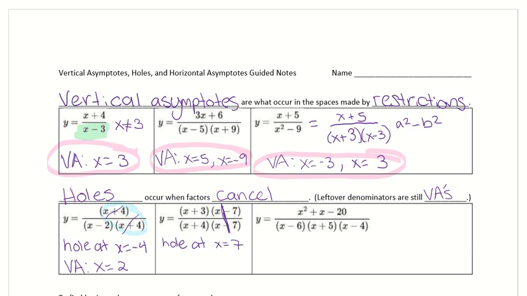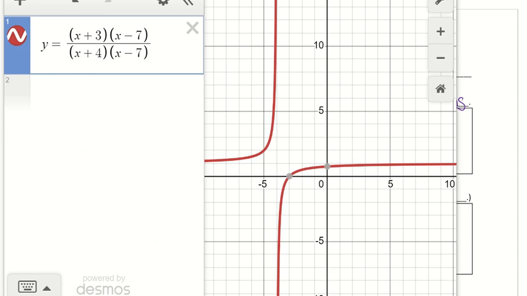And then anything left over, we still have a vertical asymptote. So we'll have a vertical asymptote at x equals negative 4. And if we look at the graph of this, we can see, yep, there's that imaginary guideline at negative 4. But also, if we click on 7, there's that hole. It says undefined there because there's a little teeny tiny hole in our graph.